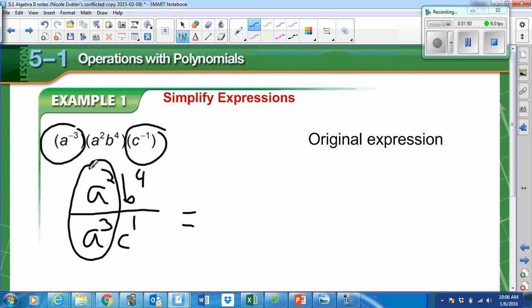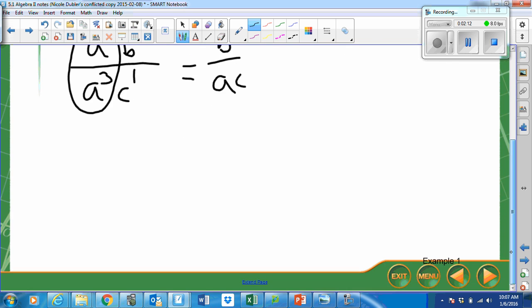If we think about how many a's would cancel out, two a's would cancel out, and there's going to be an extra a in the denominator. So it ended up being b to the fourth over a times c, and that would be simplified completely. We don't have any negative exponents, we don't have any bases in both the numerator and denominator, and so this is done.